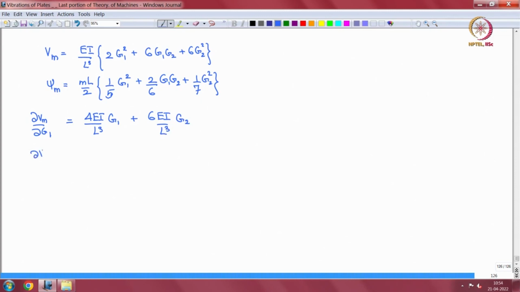Then del Vm by del g2 comes equal to 6 E I by L cube g1 plus 12 E I by L cube g2.